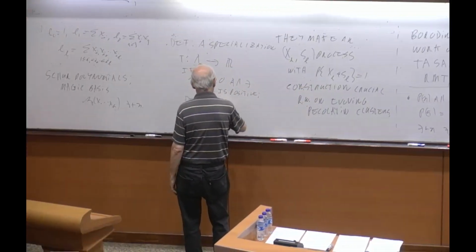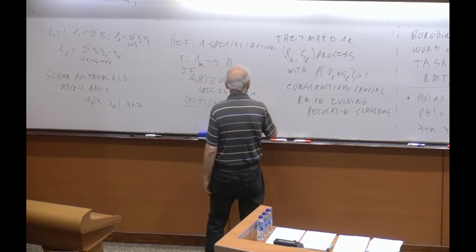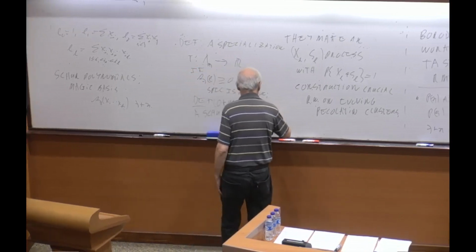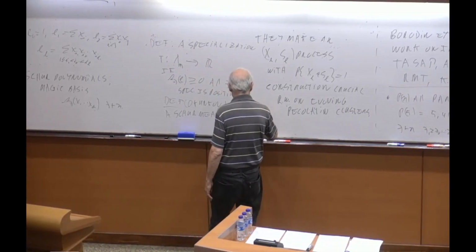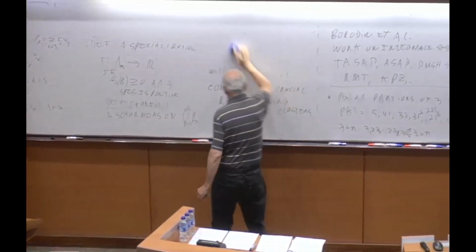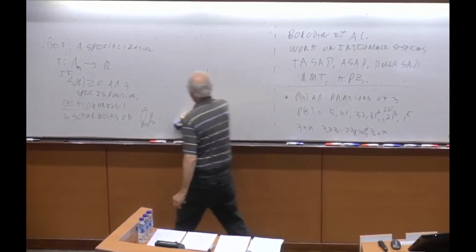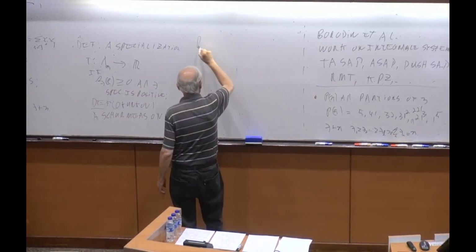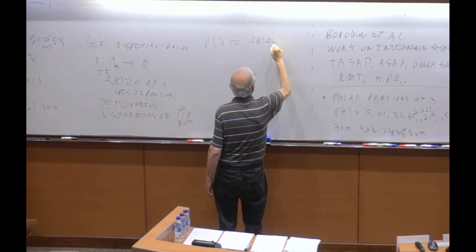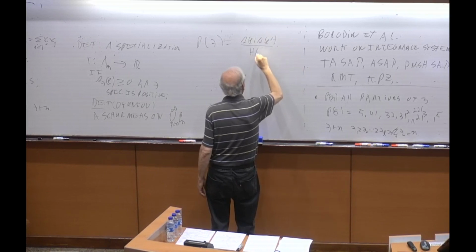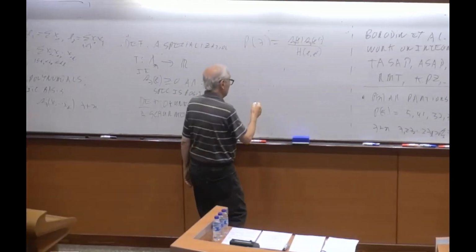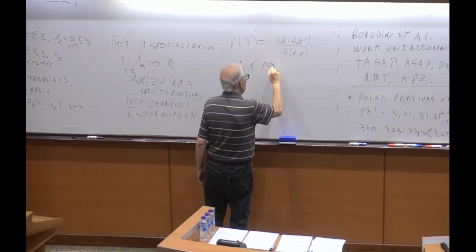This is due to Okounkov and Reshetikhin: a Schur measure on the union of P_n for all n, so on all partitions. The Schur measure is P of lambda equal to s_lambda of rho times s_lambda of rho prime over a normalizing constant H(rho, rho prime), where rho and rho prime are positive specializations.